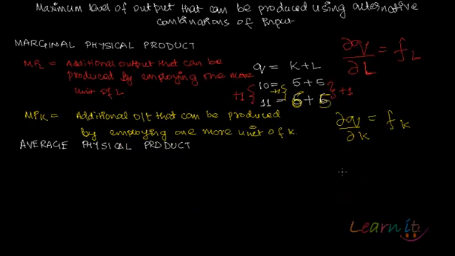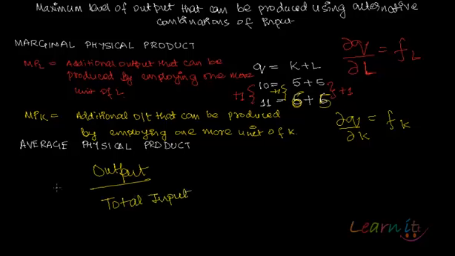Now, what is average physical product? Just give me some time, I'll talk about marginal productivity also. Average physical product is the average productivity of an input. It is also used as a measure of efficiency. It is the total output produced upon total input.